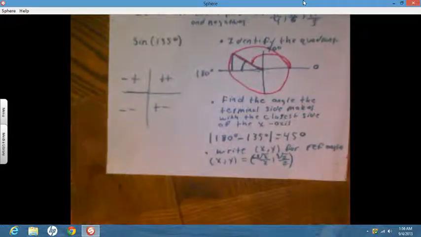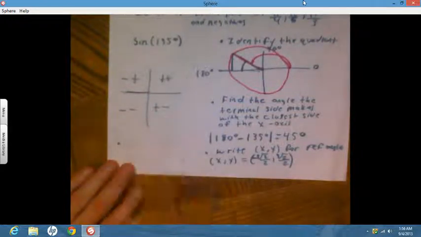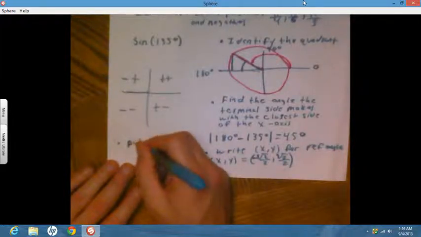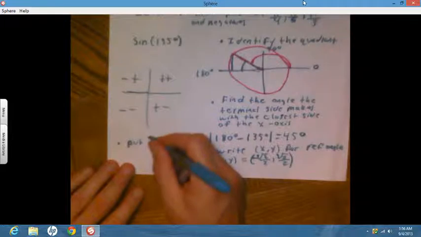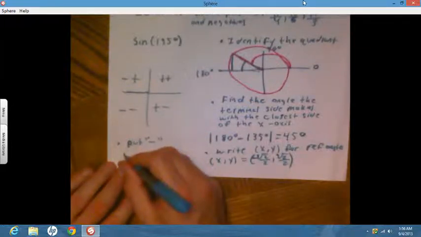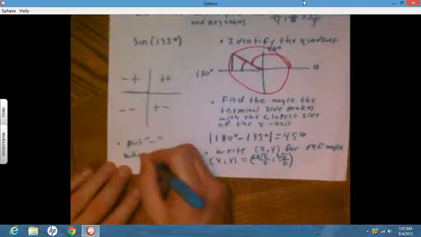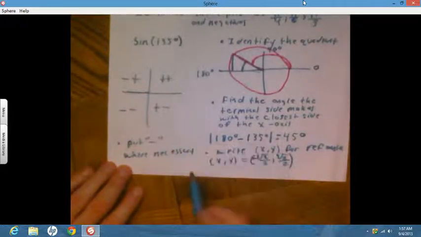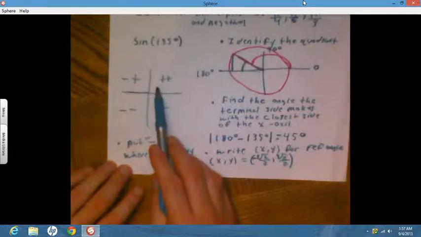So how would we deal with that? Well, that's why my last step that I didn't have enough room to write down, I'll put over here, is put a negative sign where necessary. Put negative where necessary. All right. Now, if you're in the first quadrant, leave them both positive.